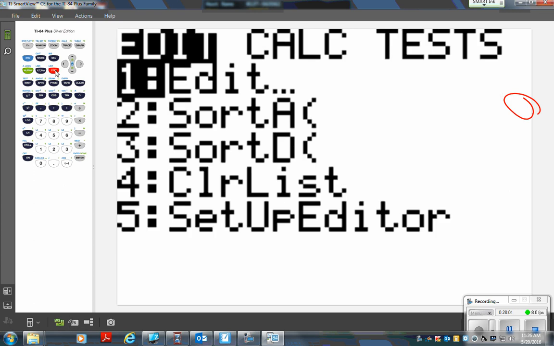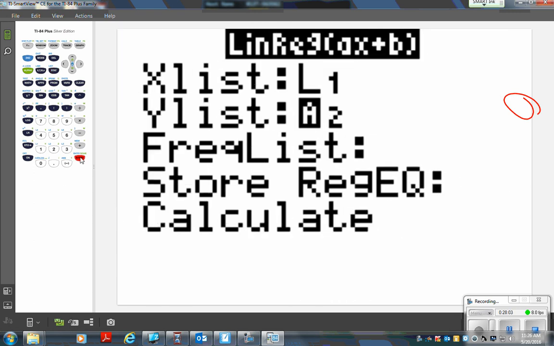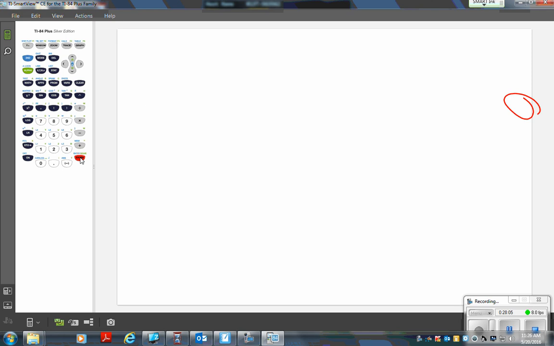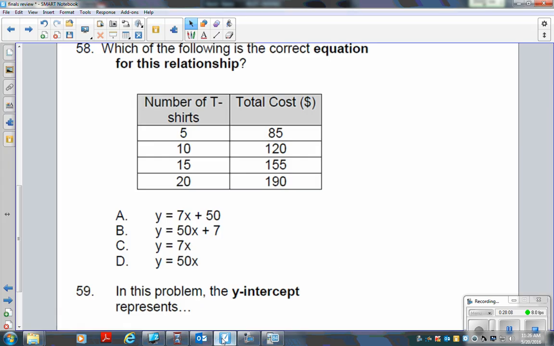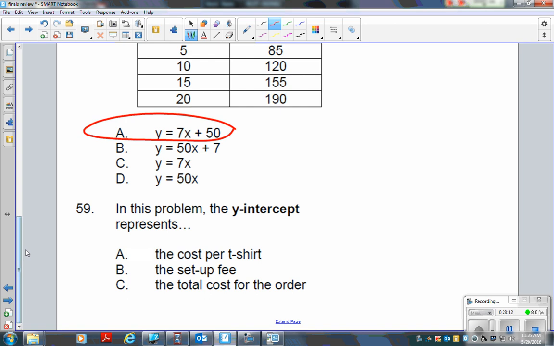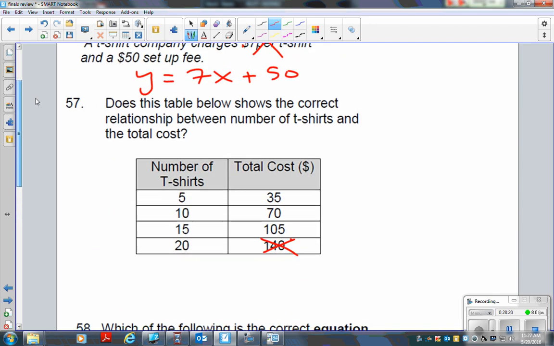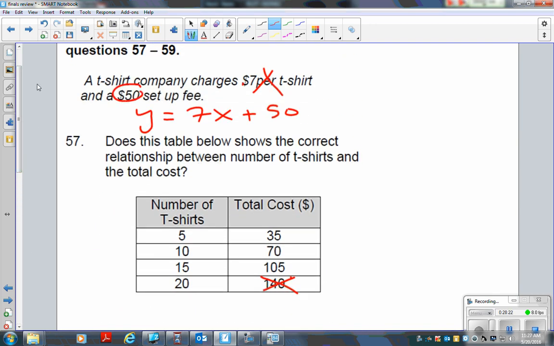Stat to the right, 4, enter, enter, enter, enter, enter. Okay, that's 7x plus 50. The y-intercept, again, we already have 50 is the y-intercept. 7 is the slope, so we'll go back here and see what 50 was. $50 setup fee.